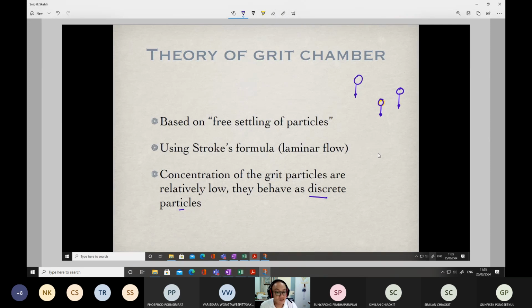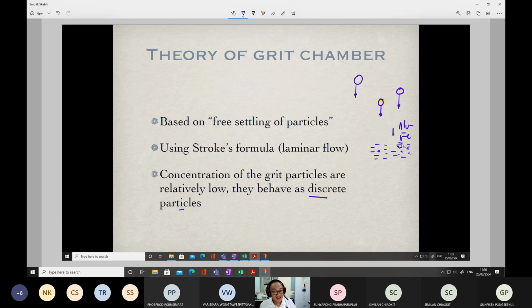The floc is originated from small colloidal particles which are surrounded by a negative charge. So theoretically speaking, these particles cannot come close together because the electrostatic force is very high, until we add some kind of positive charge ion into the water. Most of the positive charge ions are alum, iron, like this.